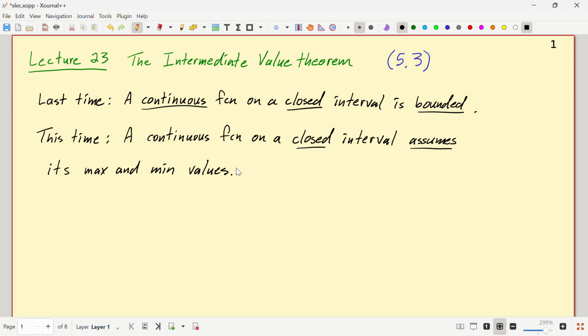In fact, the book likes to use that term to describe these things. So there's an absolute max and min. That's how the book expresses this fact.